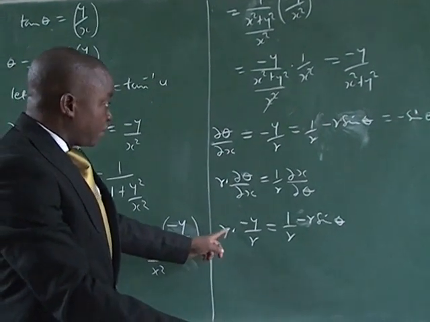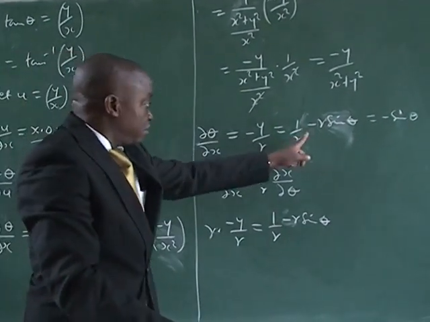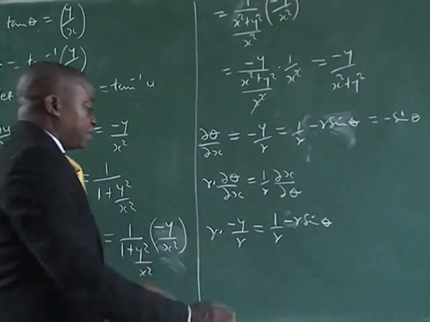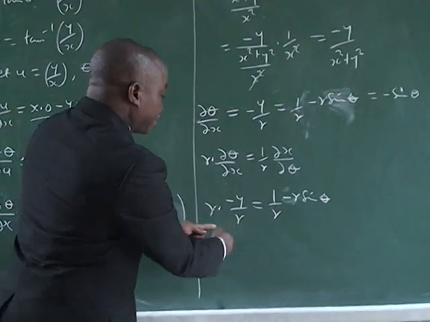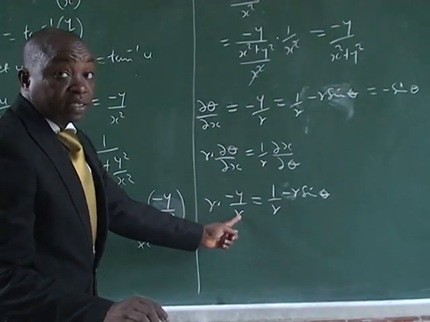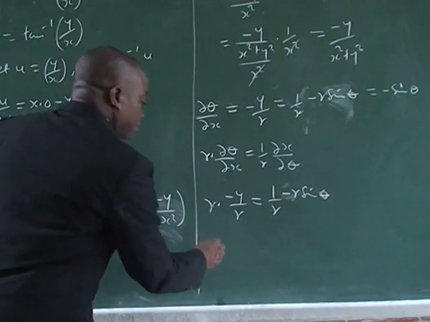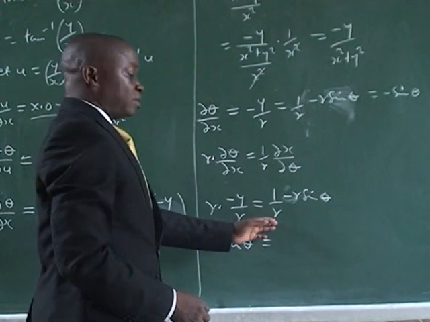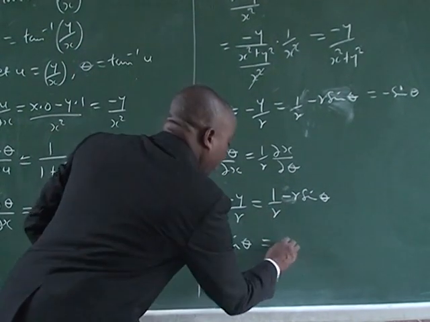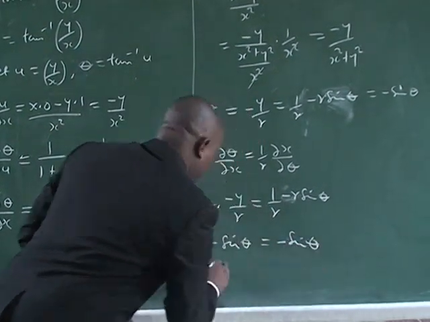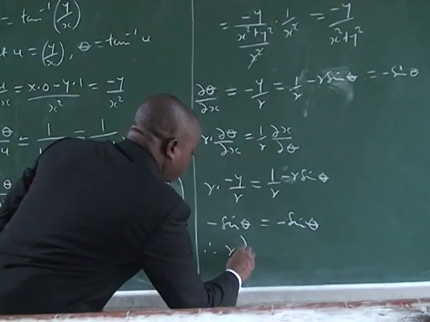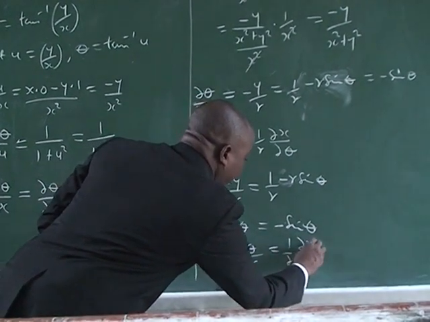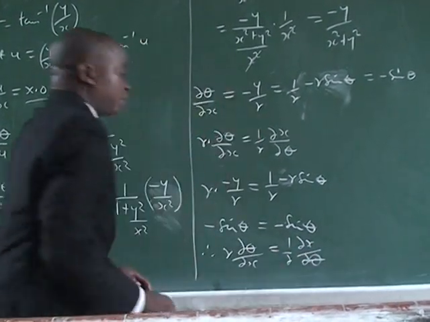The whole of this I can write as minus sine theta, because this can cancel this. So this becomes minus sine theta. Now on this side, this can cancel this, and we also have minus sine theta. Therefore, r partial theta over partial x is equal to 1 over r partial x over partial theta.